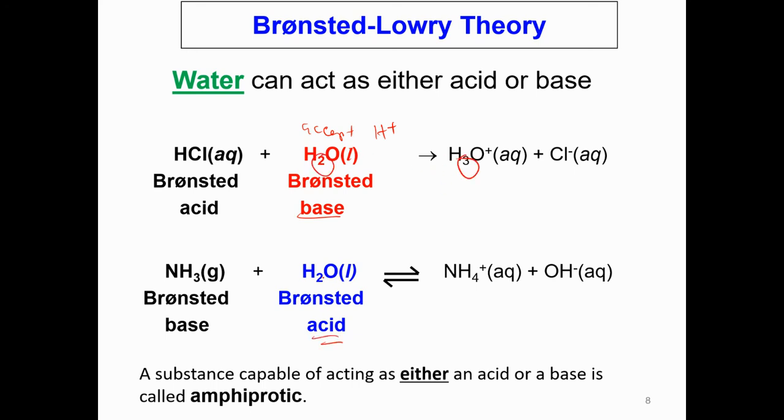If it's an acid, it will donate a proton, so H2O becomes OH-. A substance capable of acting as either an acid or a base is called amphiprotic, or we can say it is amphoteric.